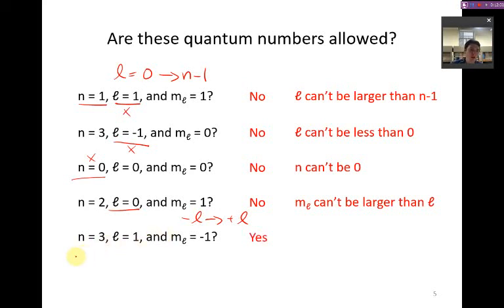We have an n value of between 1 to infinity. L value is less than n, but equal to or greater than 0. And so that is allowed. And then m sub L ranges from negative L to positive L. And so this is equal to negative L, so that counts.